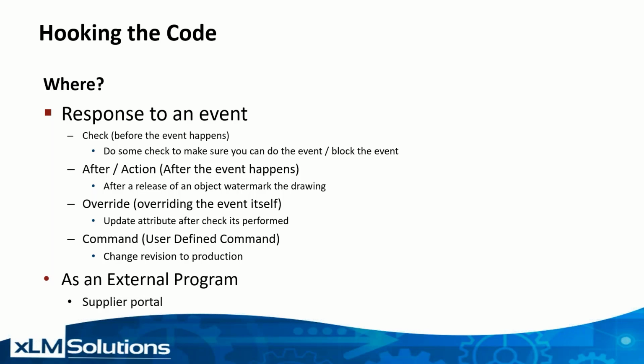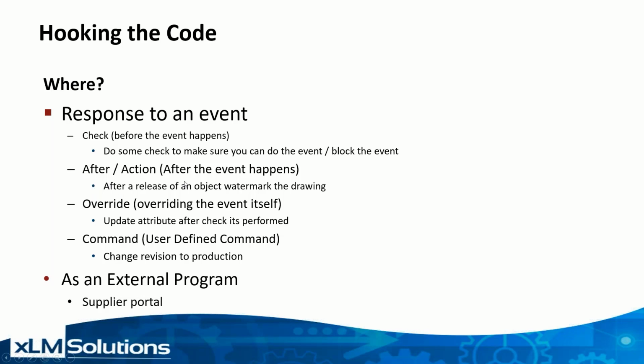For example, can I enter that document, or do I need to give the user a warning and not let that happen? You can also have an after or an action event. So after that document is added to the system, do some work. For example, add a watermark to the drawing.